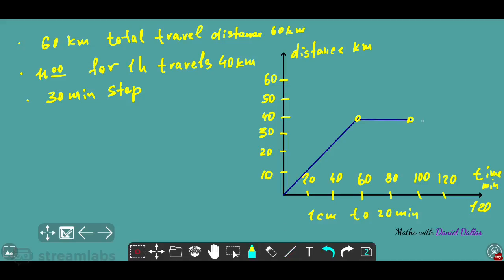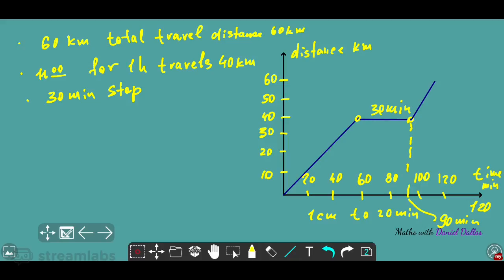Okay. So that point corresponds to 90. This is 90. Okay, 30 minutes stop. Okay, and next, she traveled for 20 minutes, yeah? Okay. That means the final step is to put 60.